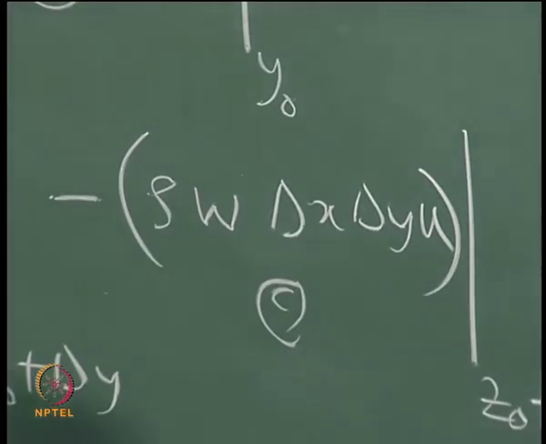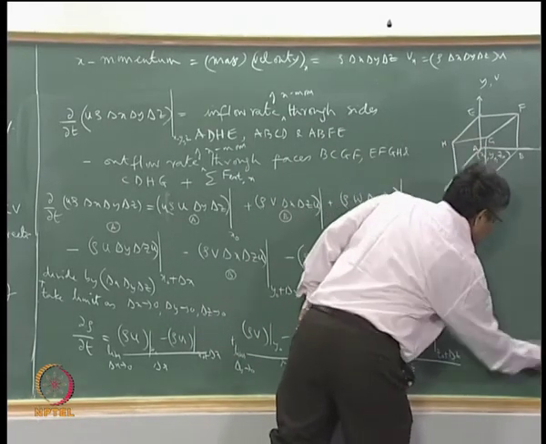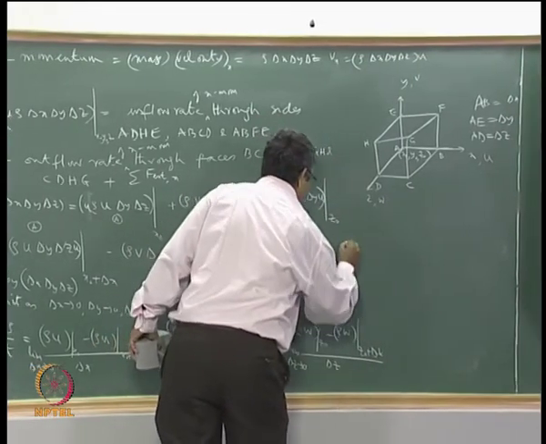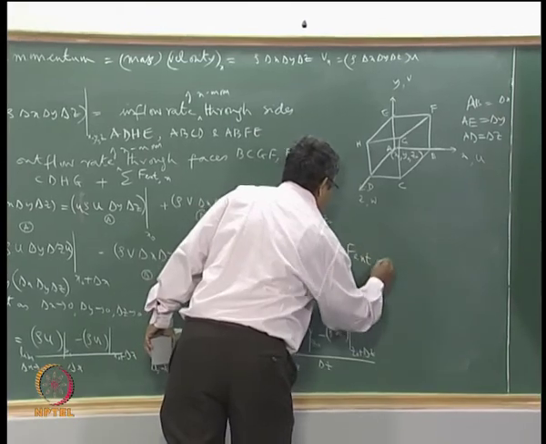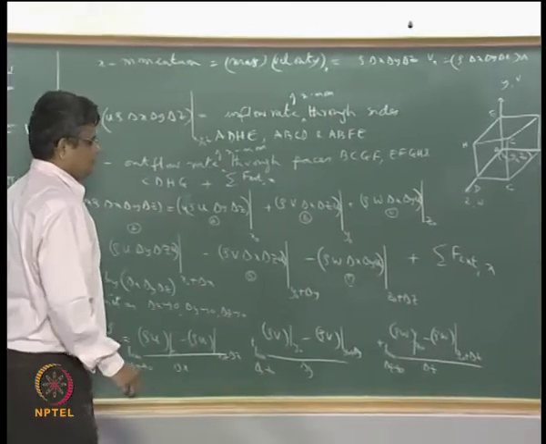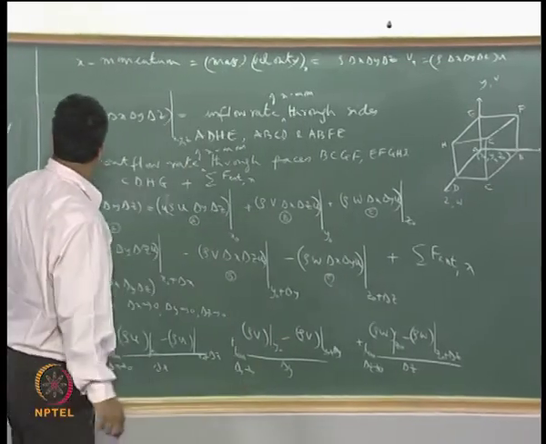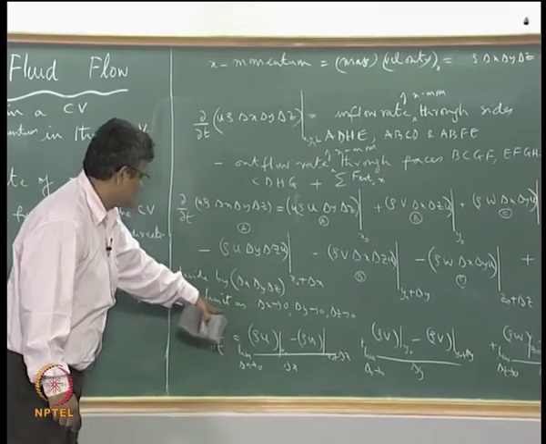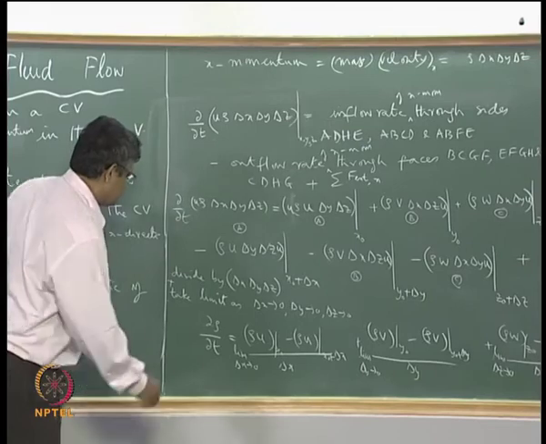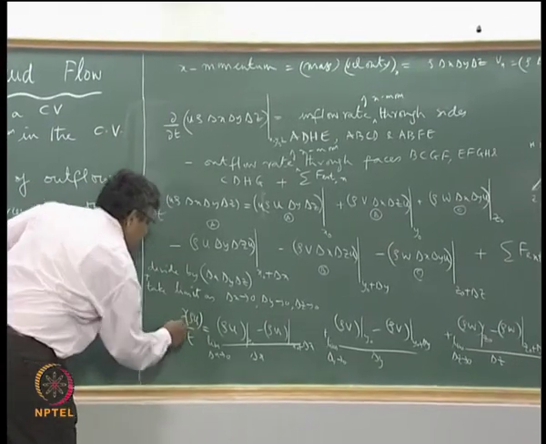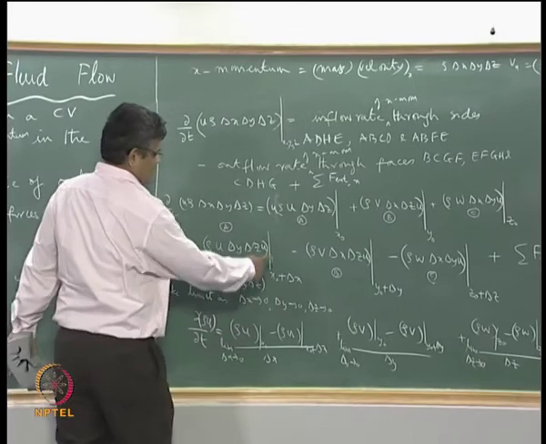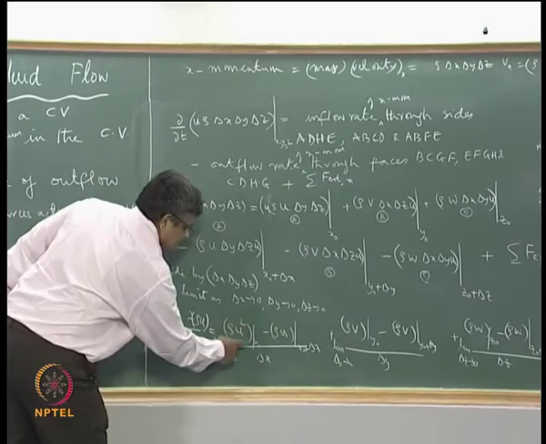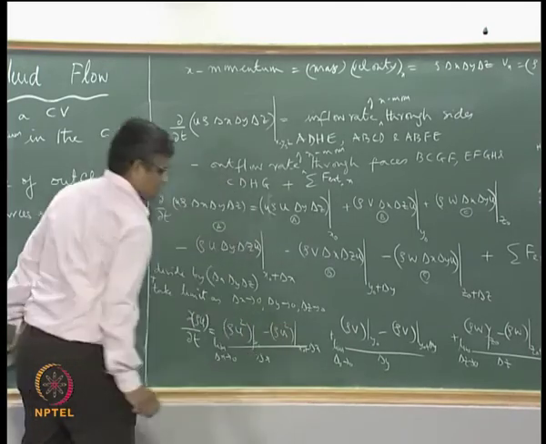Okay. Now we have external forces acting on it. For the time being, we'll just put it as sigma f external acting in the x direction. We will not talk about it right now, but just as we have done earlier, by dividing by delta x, delta y, delta z, we can write this term as dou by dou t of rho u, and clubbing these terms like earlier, we will have rho u square at x naught minus rho u square at x naught plus delta x.